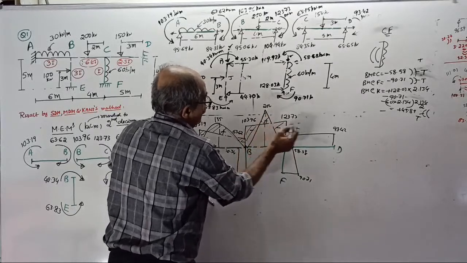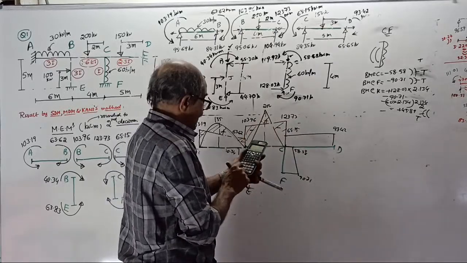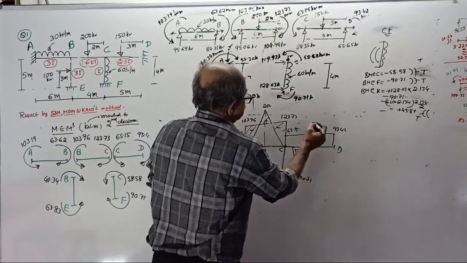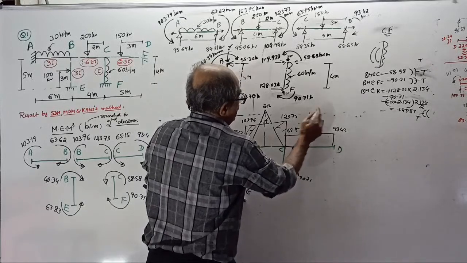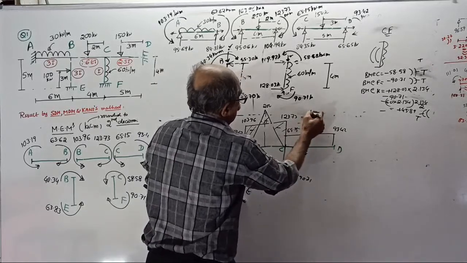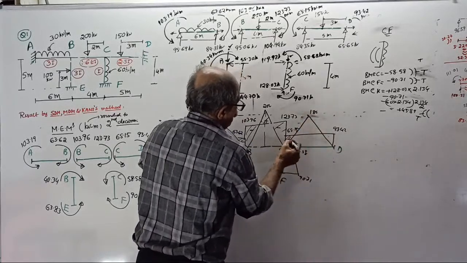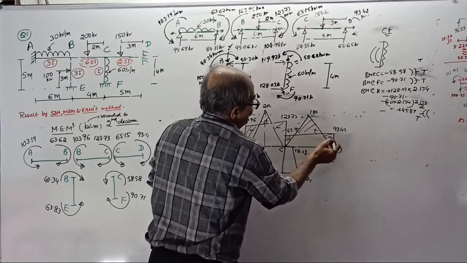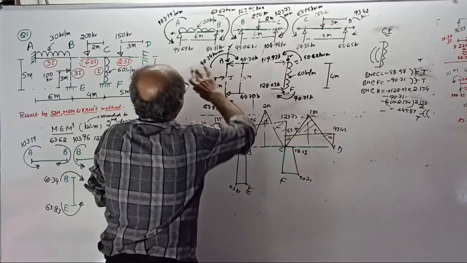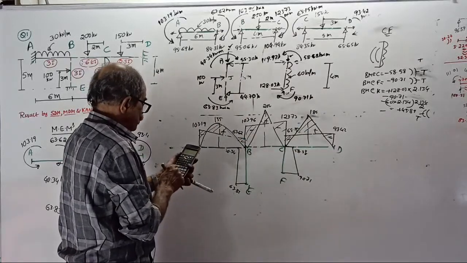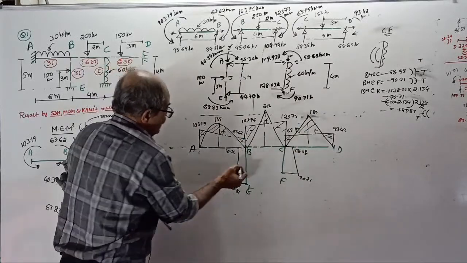Here WAB by L: 150 into 2 into 3 divided by 5 is 180, a little upper side. Negative, positive, negative. Here point load WAB by L: 100 into 3 into 2 divided by 5 is 120 here.